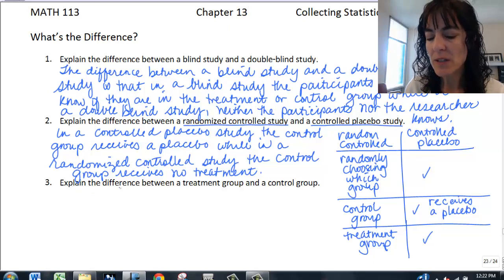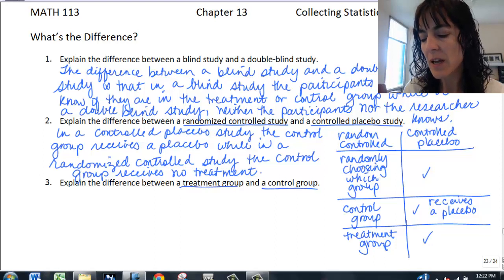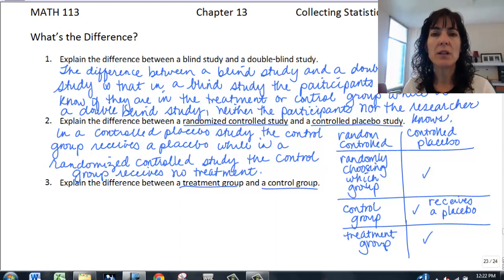Okay, explain the difference between a treatment group and a control group. So a lot of times on my students' exams, what I see is I have a question that says, describe the treatment groups. And they'll describe the control group and the treatment groups as well. So I want you to make sure that you understand the difference. A control group is not receiving a treatment of any kind.